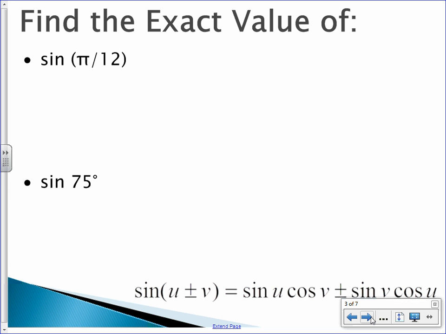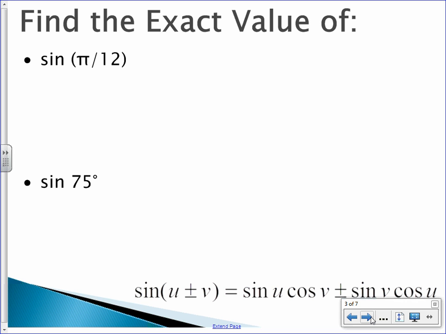Is there a sum or difference of two of our special angles that would give us pi over 12? I need you to add or subtract two of those special angles to get us pi over 12.